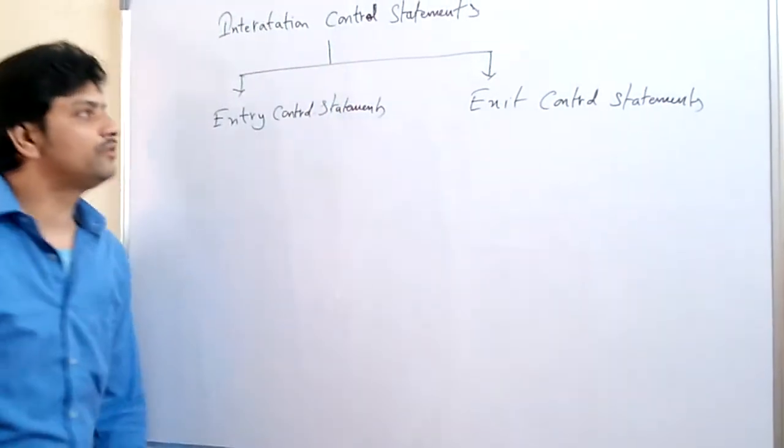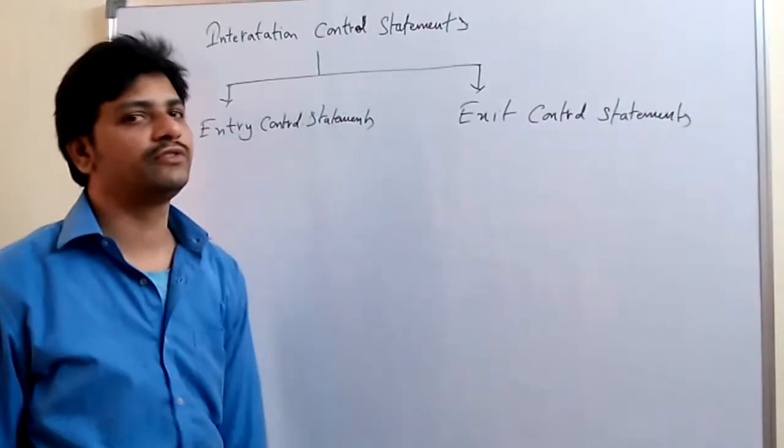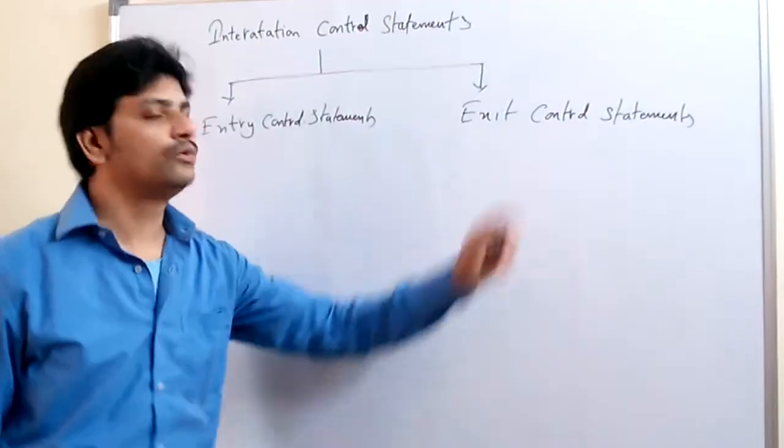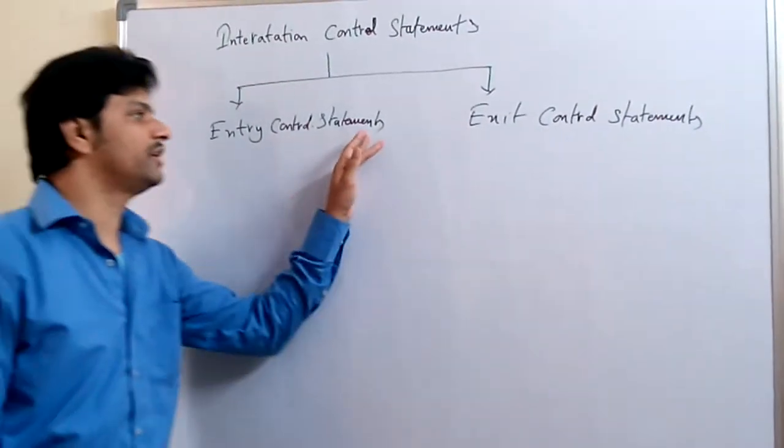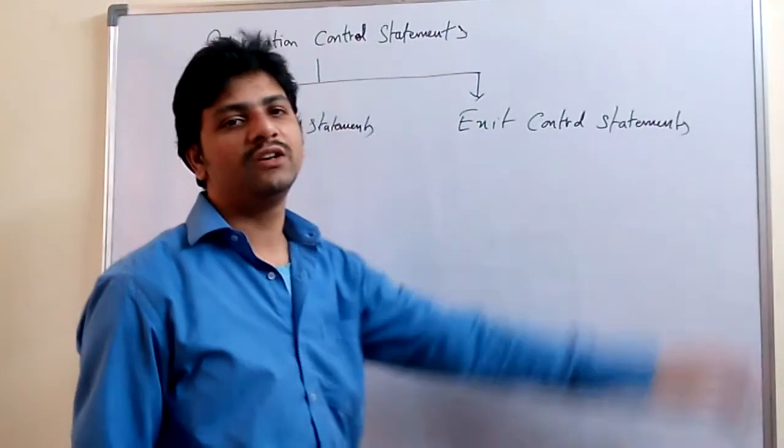Okay, there are two types. So the iterational control structures are divided into two parts: one is entry control statements and the other is exit control statements.